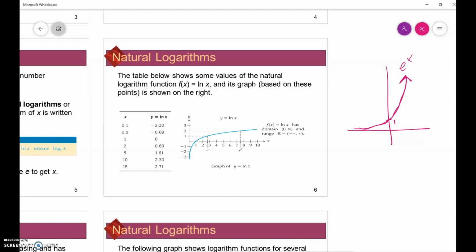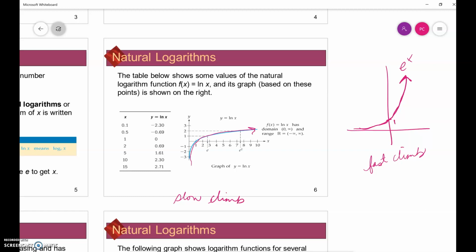So we flip it over, and you've got the graph that comes up along the y-axis and then continues up slowly. Where an exponential function was a very fast climb that grew very quickly, our logarithmic function is a slow climb. They're not going to grow as quickly.